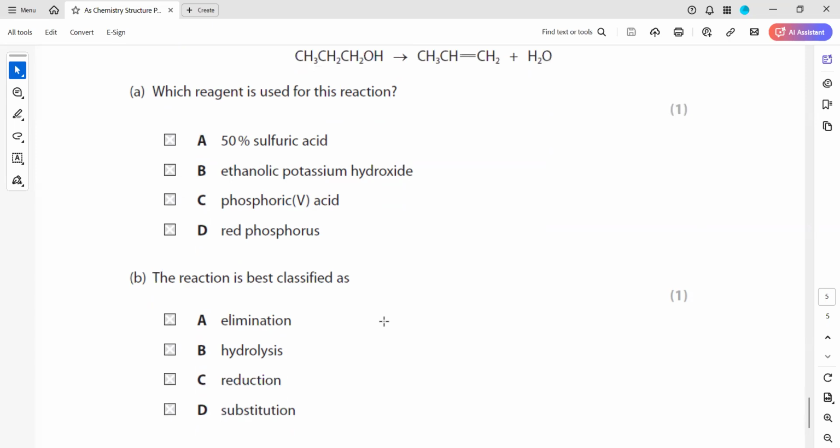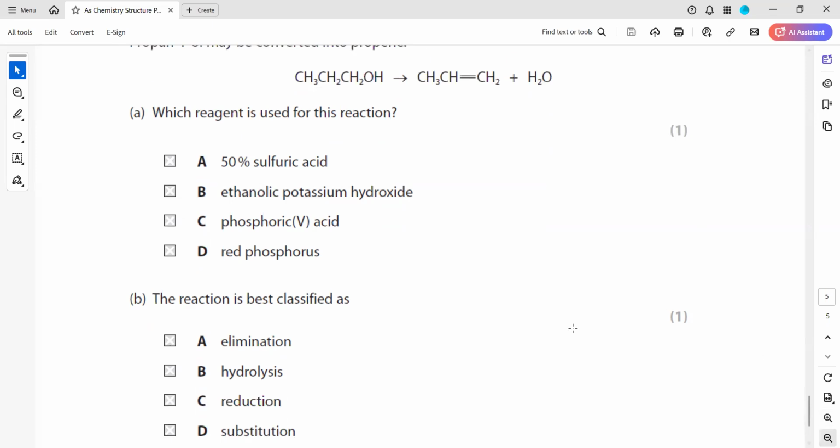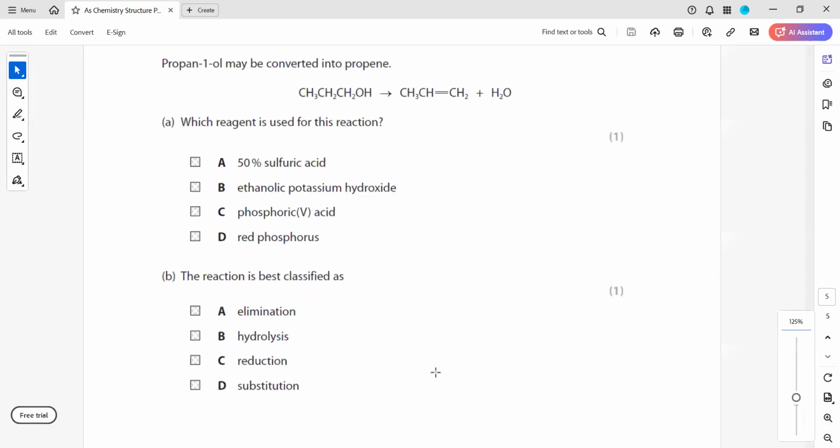The reaction is best classified as what? What is a description of this reaction? Whenever a small molecule is released from a substance, we call that an elimination reaction. If it was a hydrolysis, water should be the reactant.